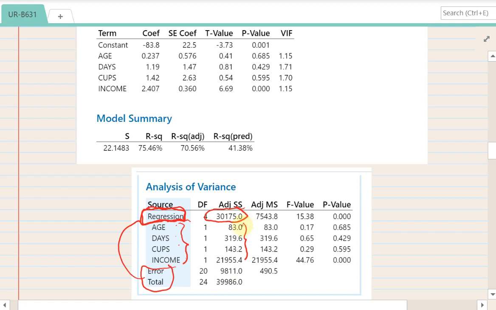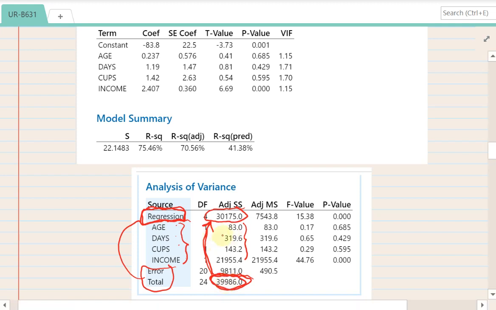Now, the greater the sum of squares, by the way, in regression, the better. That means we're picking up more and more of the total variation. Okay, now these 4 variables combined are picking up over 30,000 of the almost 40,000 number for the total variation.